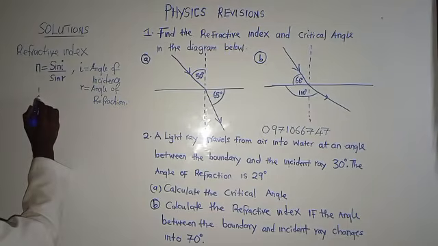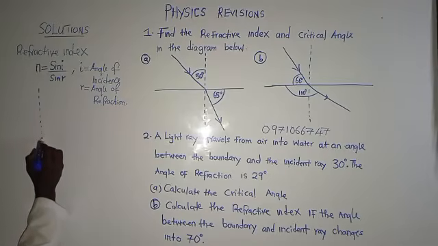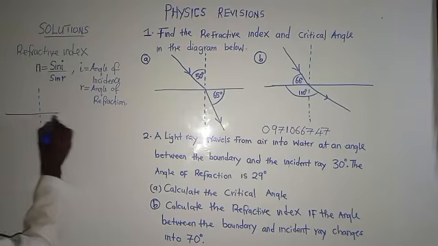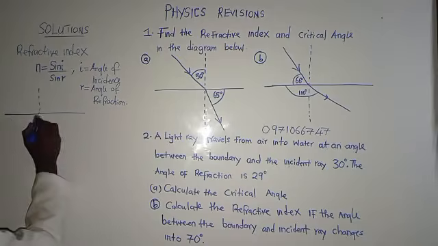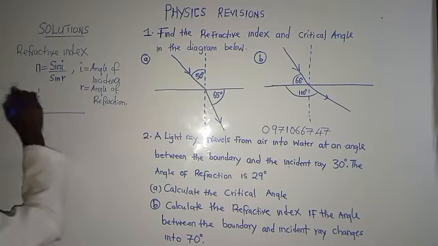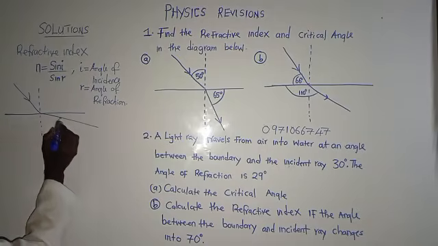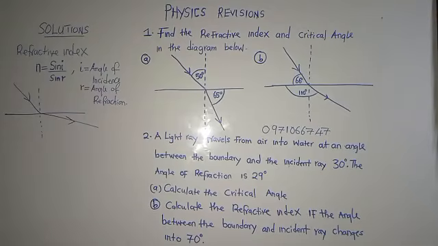If I was to put a simple diagram here so that you understand this: if a ray of light is coming like this and goes that way, where is the angle of incidence and the angle of refraction?